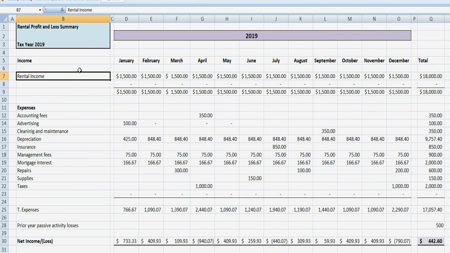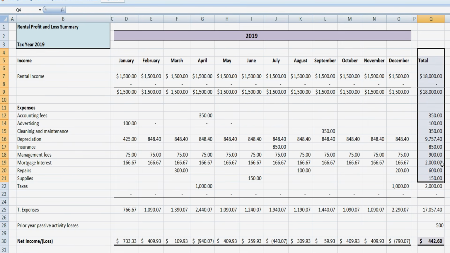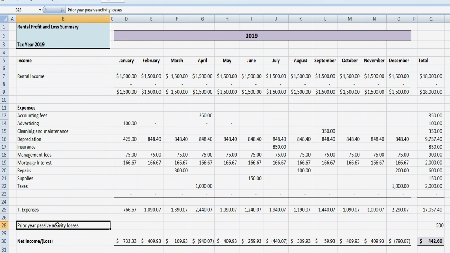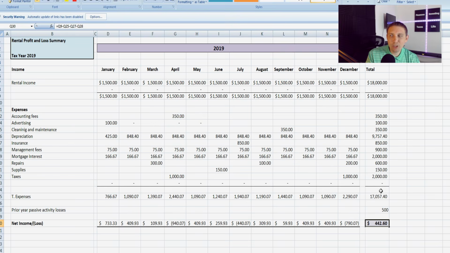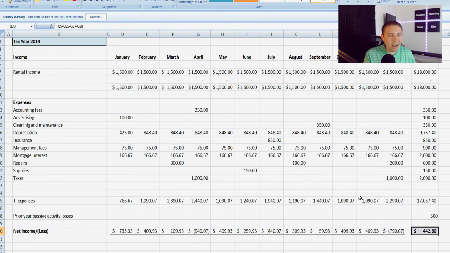It's simple. It works. And you can see if you're keeping track of your income every month, your expenses every month, this template will total all the amounts for you over here. And you're going to have very clean records. And check it out. It ties back to the amounts on the tax forms. If you look at this closely, it actually ties right back.